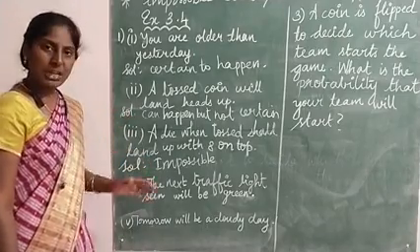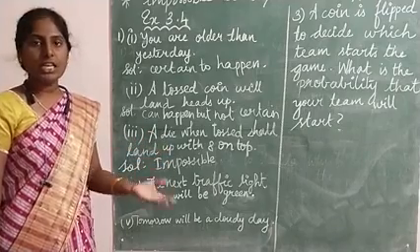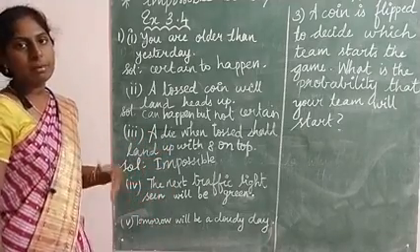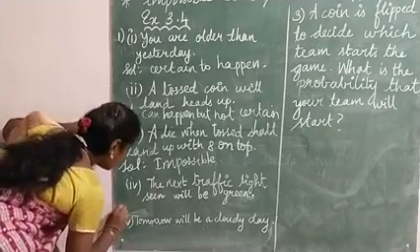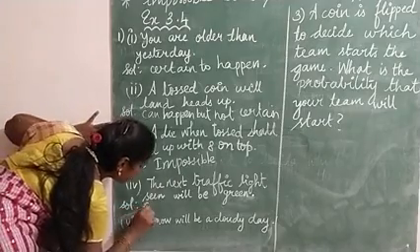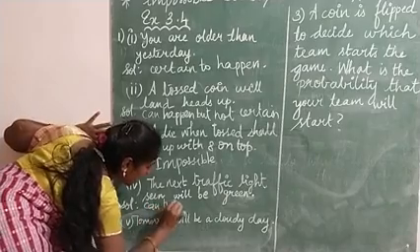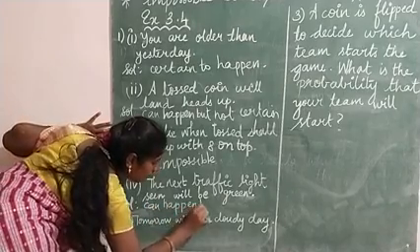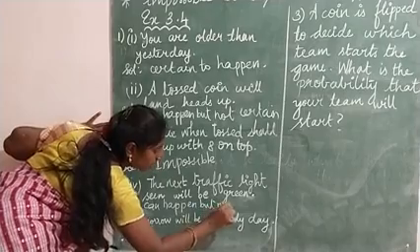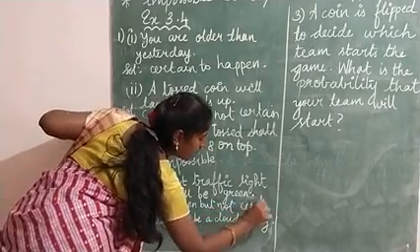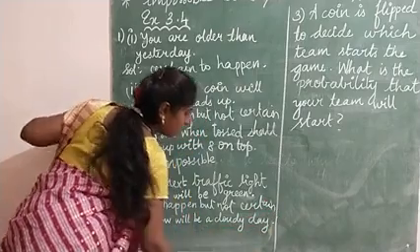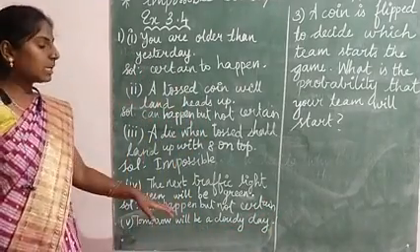But here it is simply given the next traffic light would be green. So this can happen but not certain. So here you will write can happen but not certain.